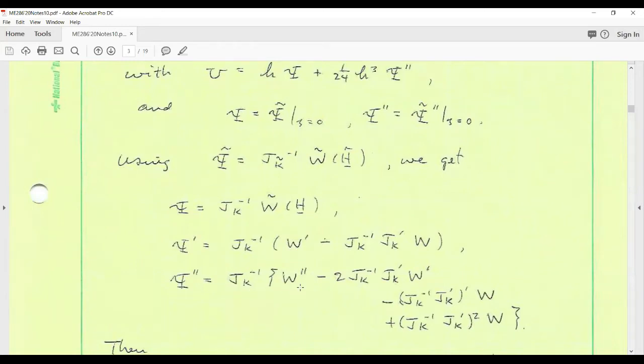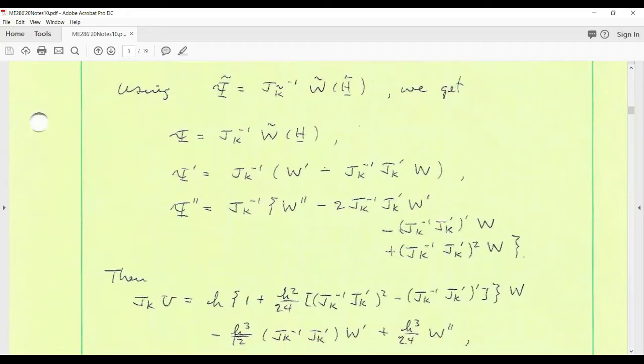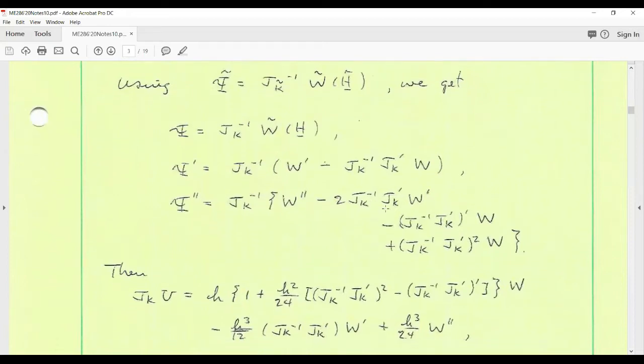We need the second derivative, and that's a bit more complicated. That involves our w, second derivative with respect to zeta on the midplane, and some other complication, a first order derivative, w itself, and then jk complicates matters. These terms are of less relevance because, say, for plastic incompressibility, jk, let's say, is fixed at the value 1.